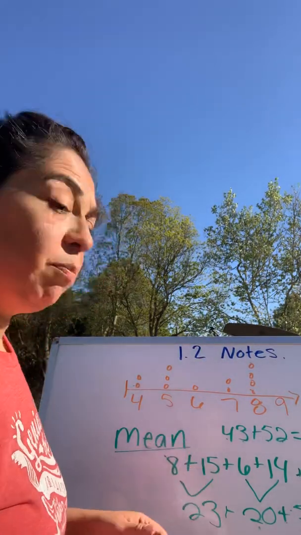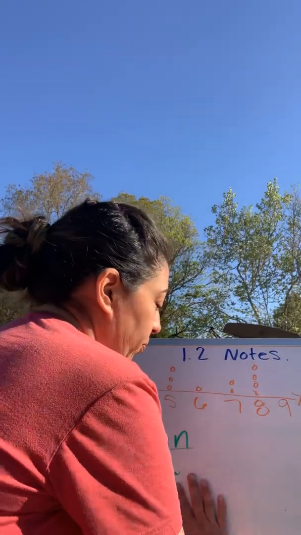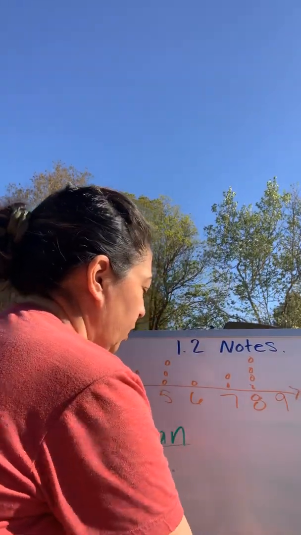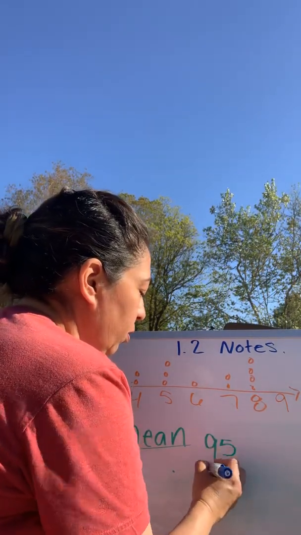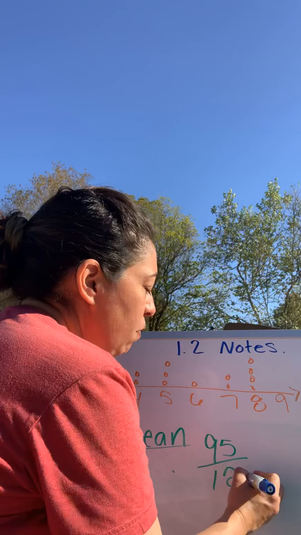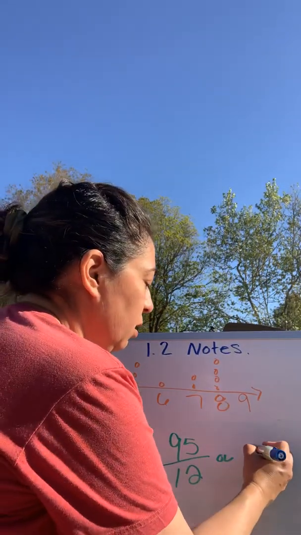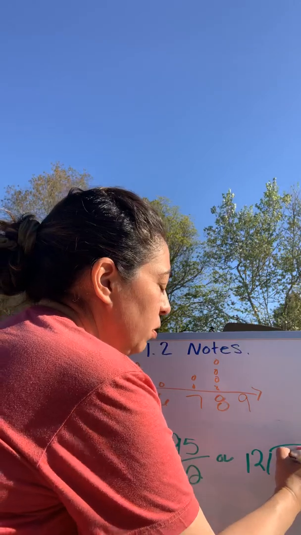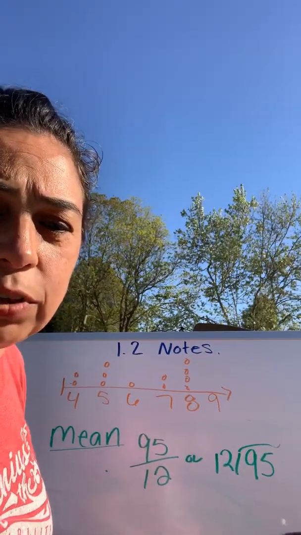So my new math problem is, and this is how I will show it, 95 over 12, or you can say 12 goes into 95. Okay, so that will give you your mean.